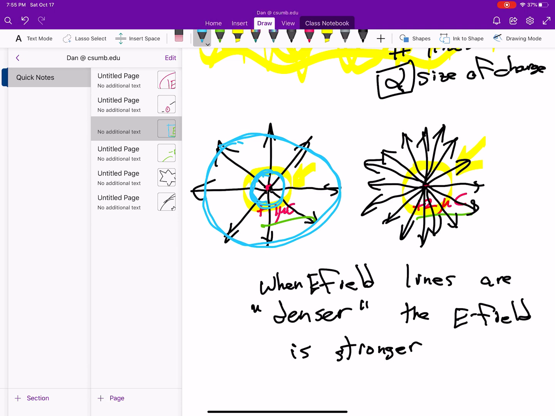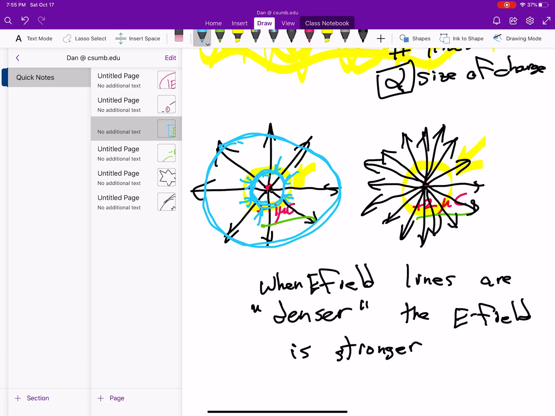That means that the electric field is going to be stronger closer in, which makes sense, because closer to the charge, you're going to have a stronger electric field. So the electric field lines give us a way to indicate both the direction and the strength of the electric field all in one drawing, as well as the size of the charge that's creating the electric field.